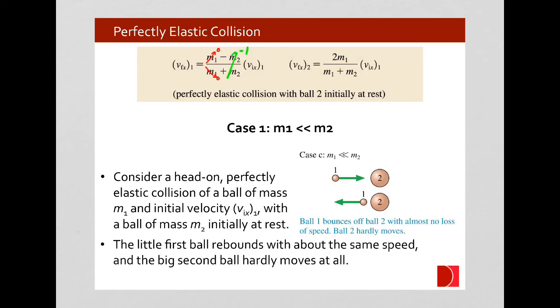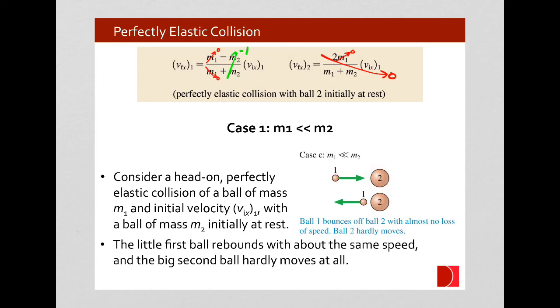Looking at the other object, the target object, its velocity depended on m1, which we're approximating as 0 here. This means that its velocity after the collision is 0 times the initial velocity, and so its velocity is essentially 0. In this situation, the small object is incident upon the much, much larger object.